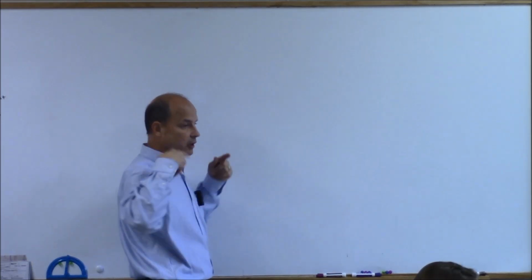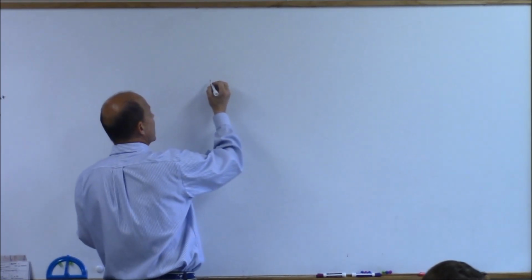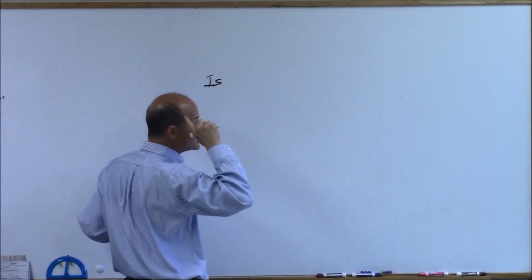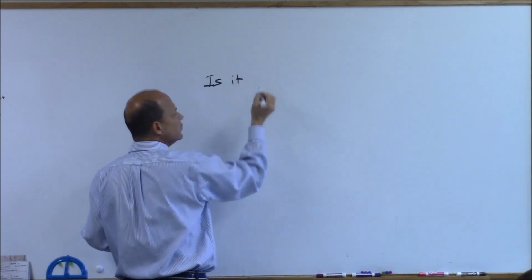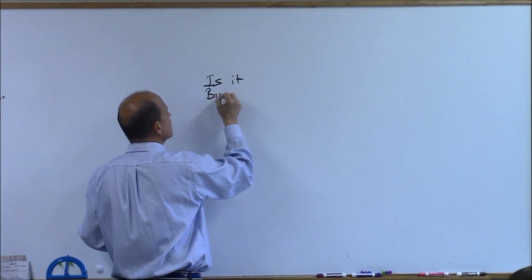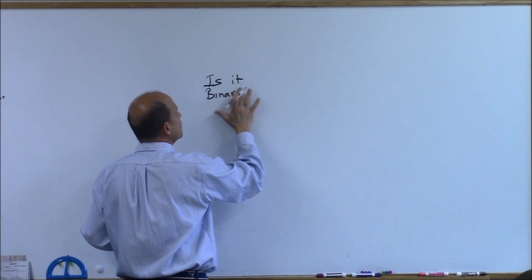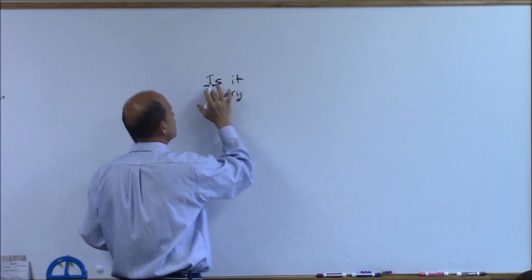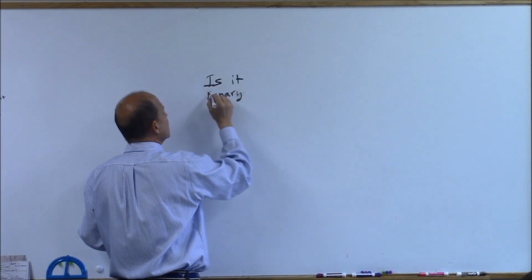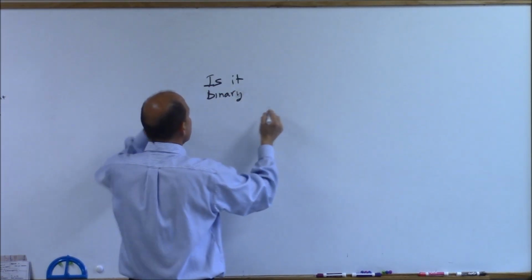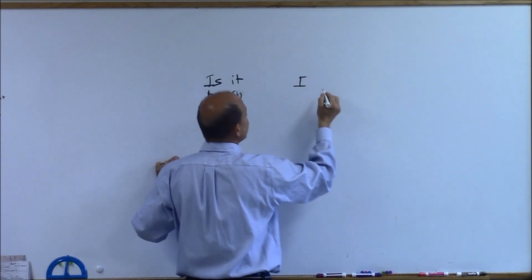So I'm going to do a little interpreting of your questions. Is it binary? Because I heard you say 2. But you said something else. What else did you say? That it's 2 nonmetals. Okay, is it binary? Is it 2 nonmetals? I'm going to write both those down. I like that.